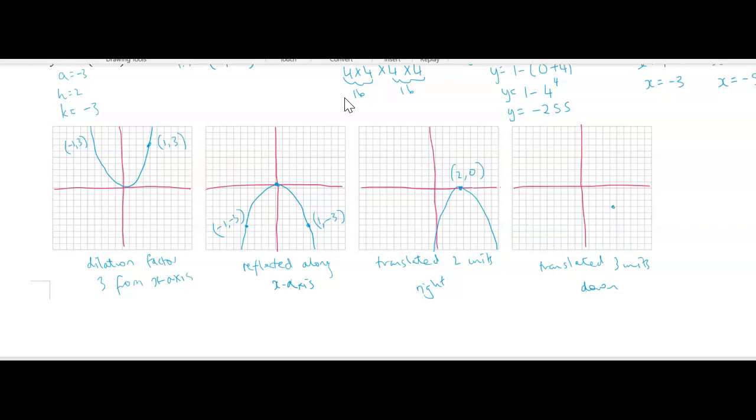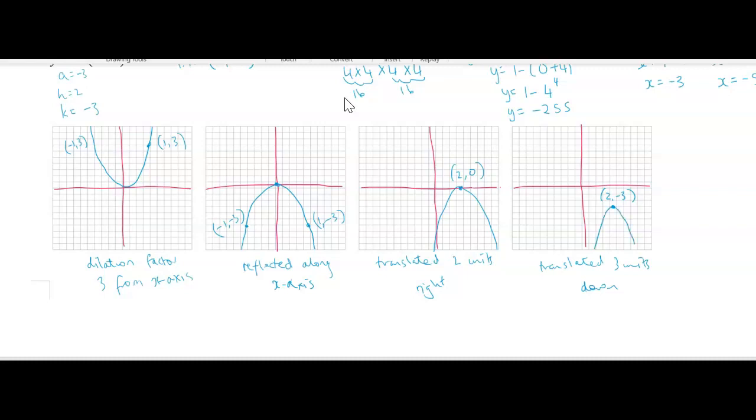All right, so that point (2, 0) now becomes (2, -3). So we no longer have any x-intercepts. And remember, our turning point was going to be (2, -3). We looked at that before.